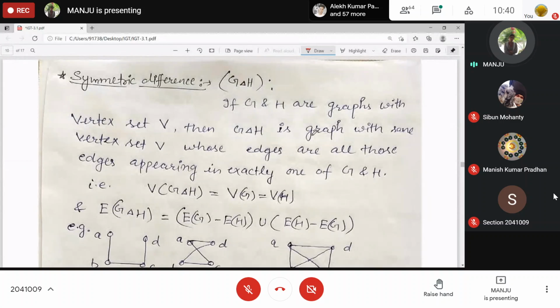Then we have one more definition, the symmetric difference.